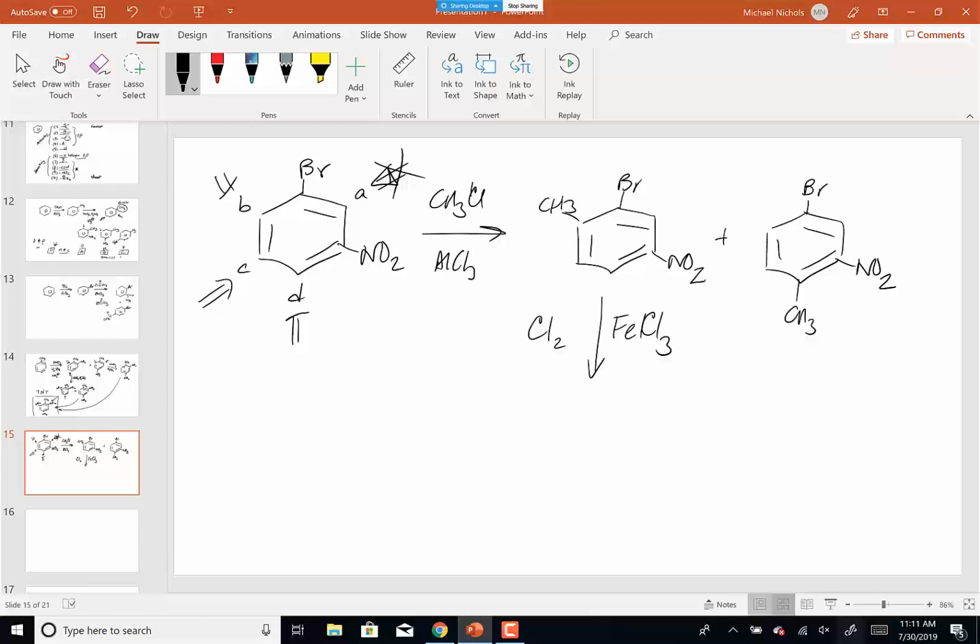And so where would it go? What would be the products of that reaction, of taking that tri-substituted ring and now reacting with Cl2? Where does the Cl2 go?